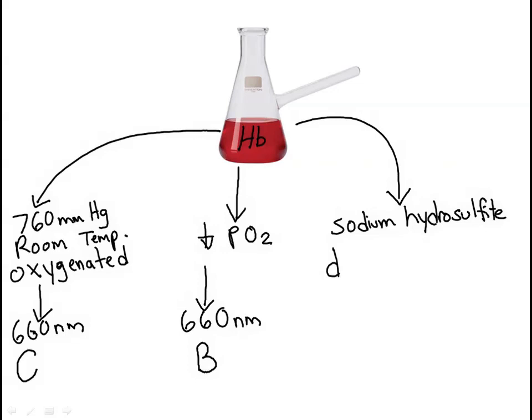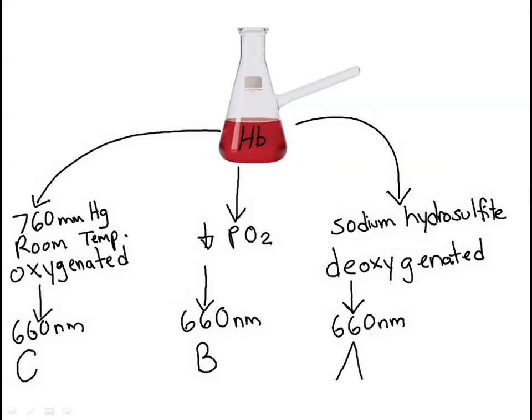So this sample is deoxygenated. And again, you'll read the absorbance of this sample on the spectrophotometer at 660 nanometers. And in the saturation equation, this absorbance value is A. A is the absorbance of completely deoxygenated hemoglobin.